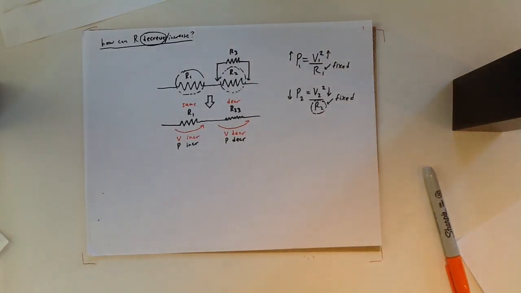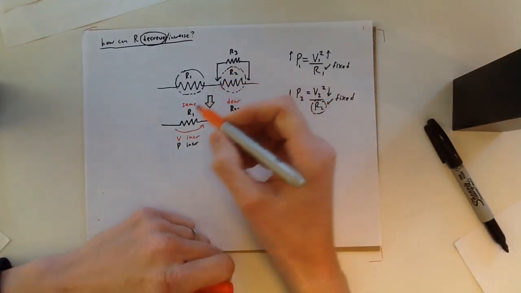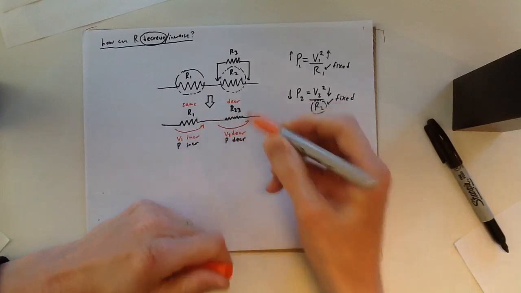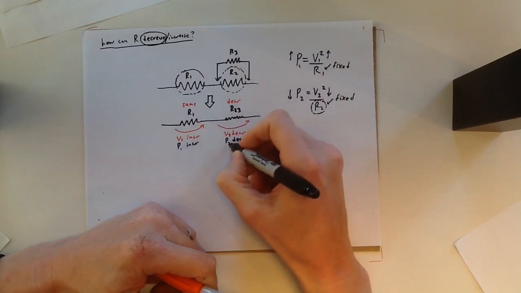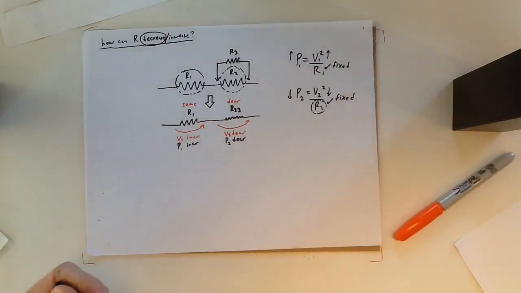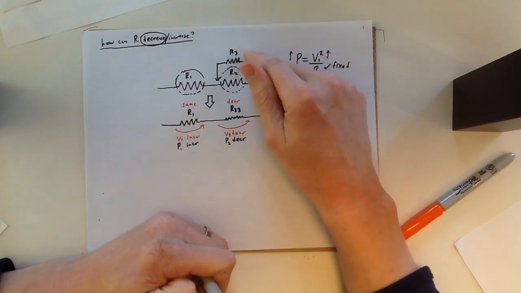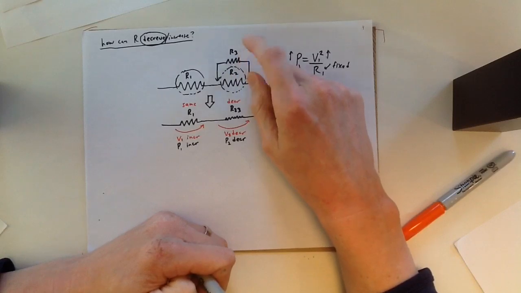So let's take a look. I guess I should label this as V1 is going to increase, V2 is going to decrease, and the power P1 and power P2. I haven't really mentioned resistor 3. Resistor 3 is kind of boring because it's off when it isn't connected, and then of course it'll be on when it is connected.